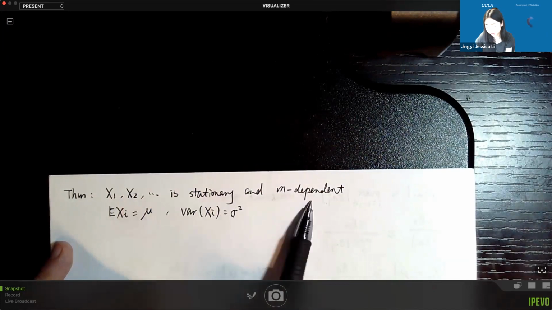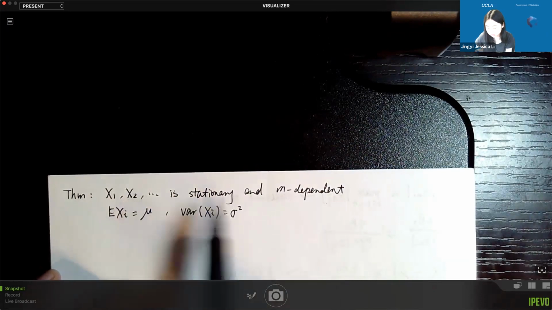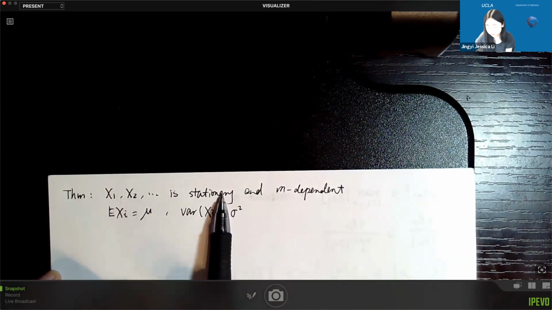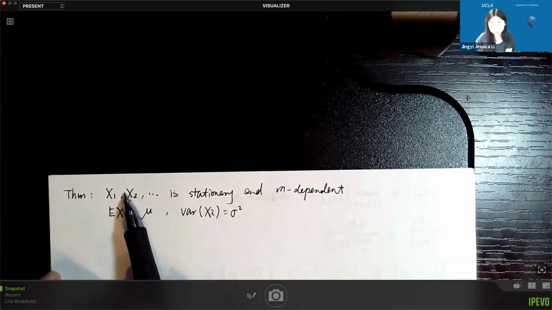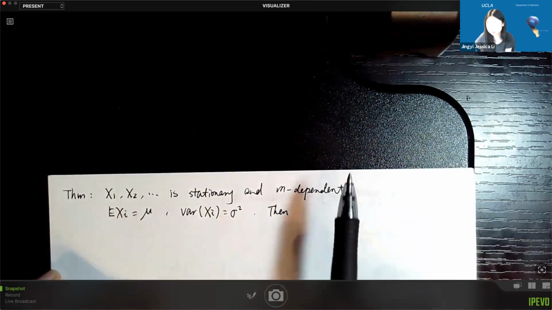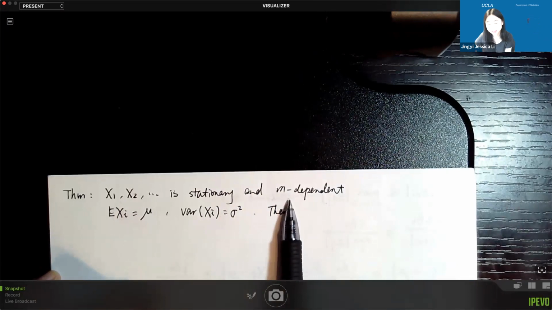And also the m-dependence, those two things, simplify the covariance structure of the sample mean. So this makes us only need to worry about the covariance between two random variables that are not farther apart than m indices in the sequence.